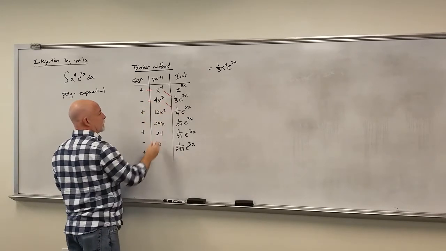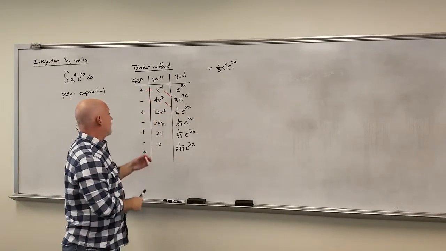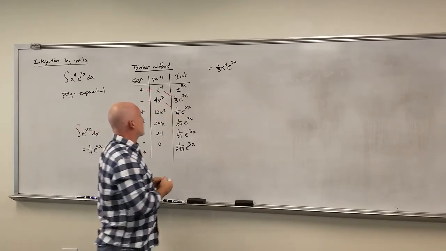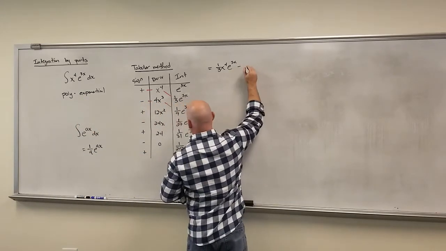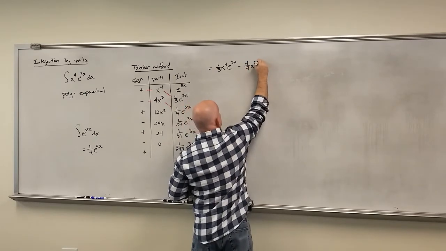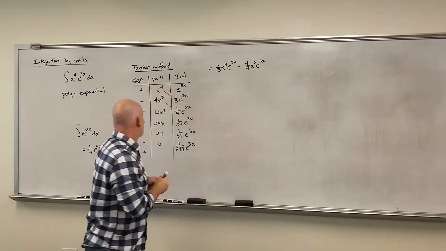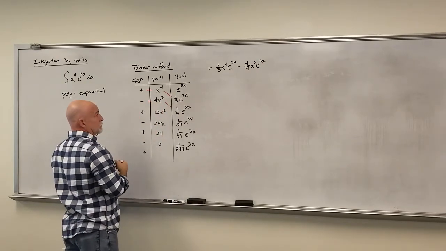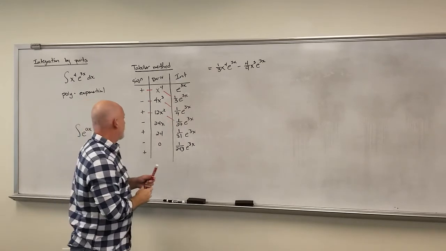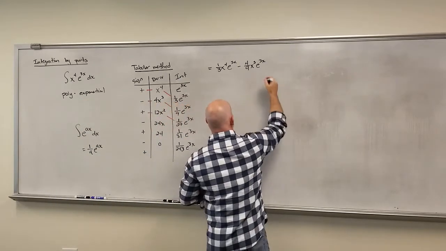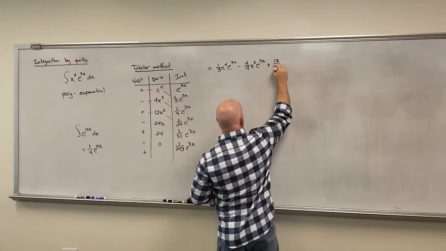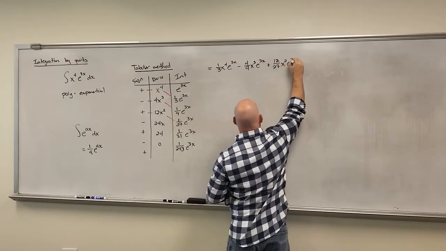So I go across and down. That's going to be a negative 4x cubed times 1/9 e to the 3x. That's going to be minus 4/9 x cubed e to the 3x. And you just keep going. Now, I'm not going to reduce these fractions as we go. You probably should, because this next one will definitely reduce. So that'll be plus 12 over 27 x squared e to the 3x.